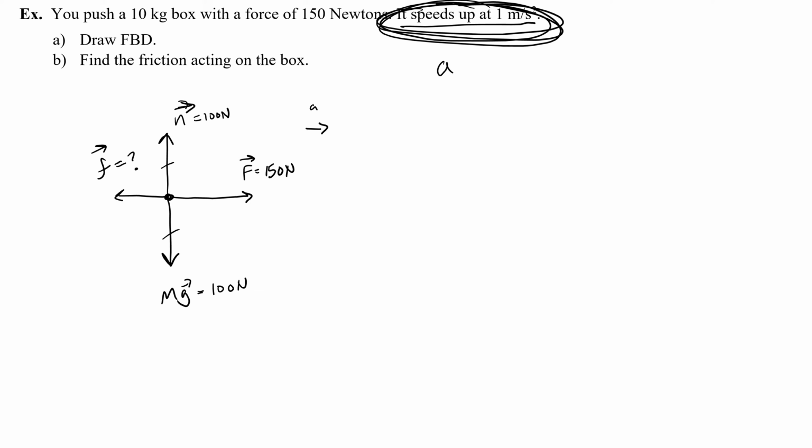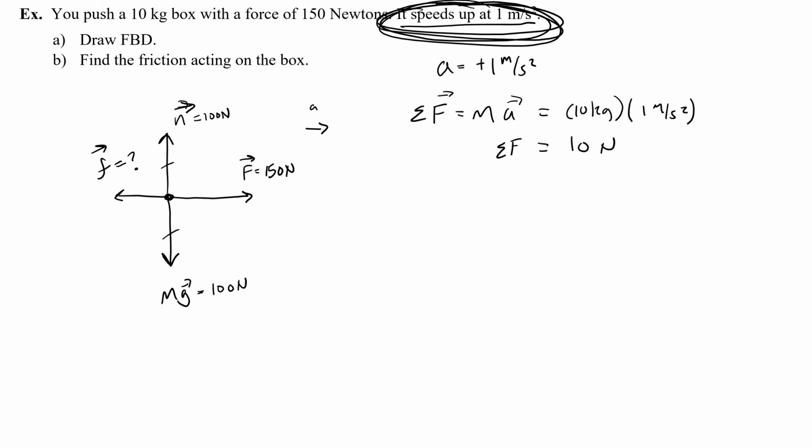So we're going to make that a positive 1 meter per second squared. And I can calculate what that net force is by doing mass times acceleration, or 10 kilograms, the mass of the box, times my acceleration of 1 meter per second squared. So 10 newtons. The net force is 10 newtons.